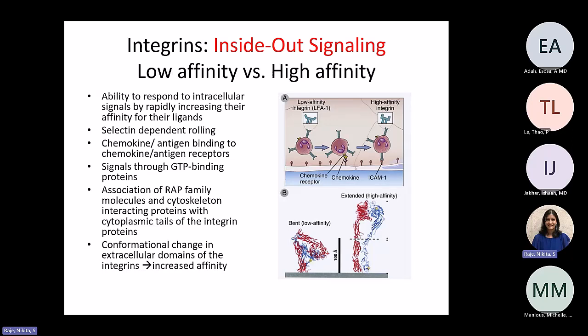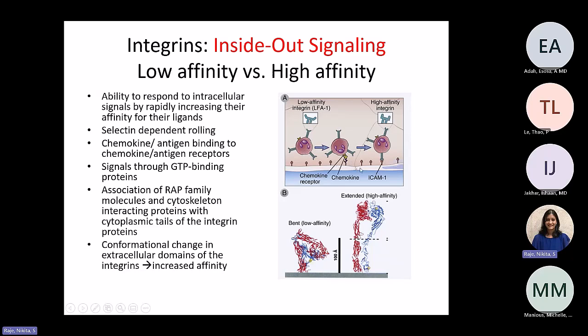So that's the concept. And how does that happen? This inside-out signaling means it's an ability to respond to intracellular signals by rapidly increasing their affinity for their ligands. So thinking about selectins and selectin ligands, when they interact with each other, the cell starts to roll on the surface. However, once that starts to happen, there are chemokines that are going to bind to the chemokine receptors.